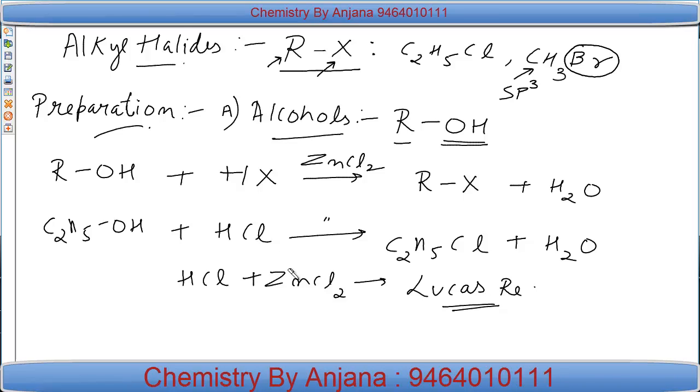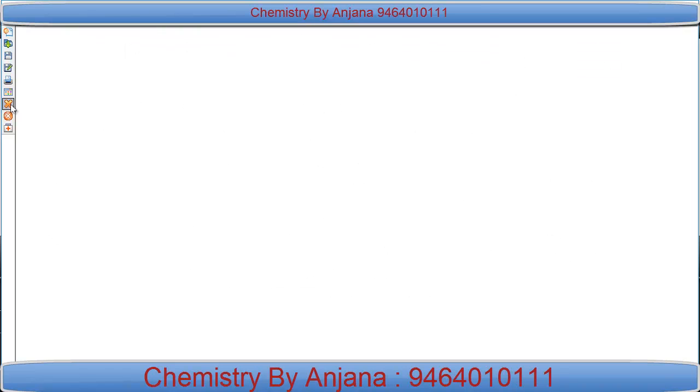Now, before I look at other ways to produce alkyl halide, just see some more specifications of this particular method where we are preparing it from alcohol.